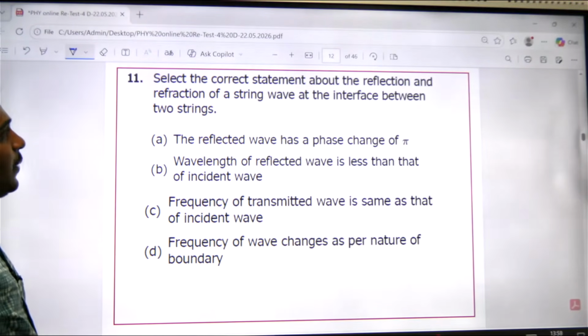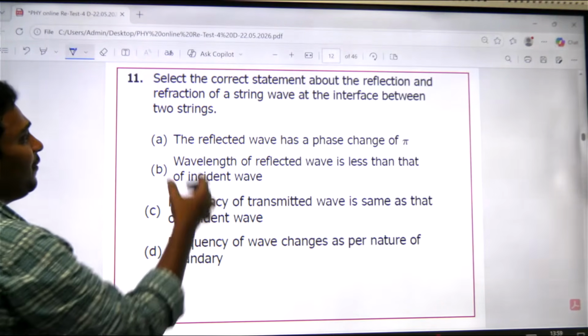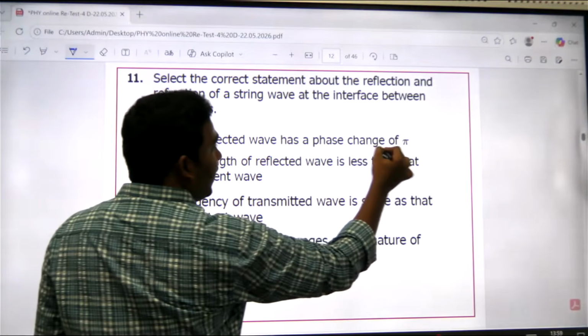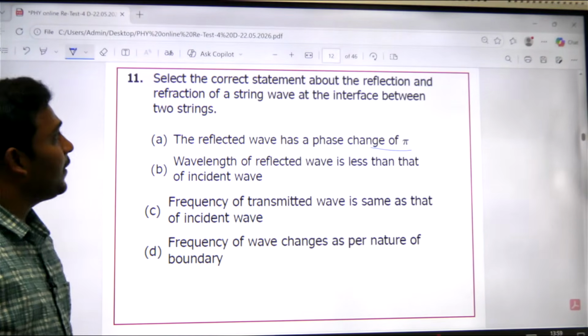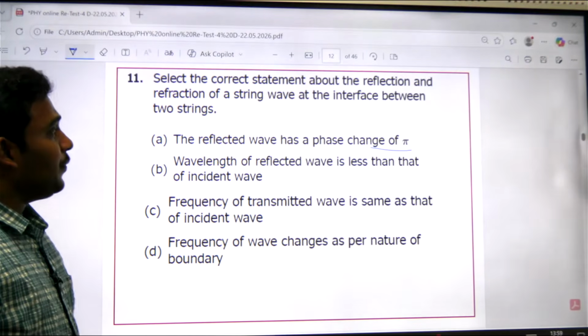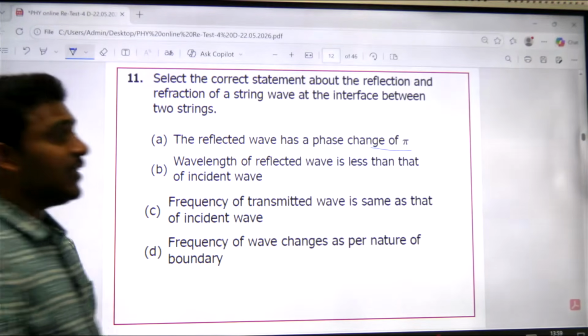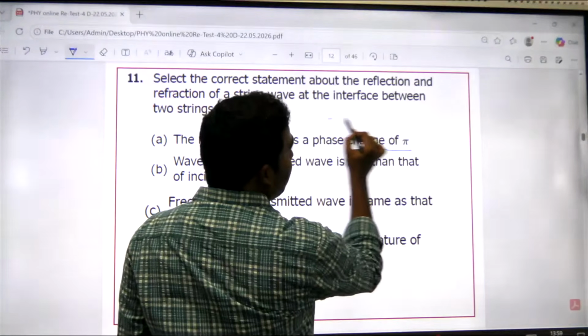Going for the next problem, question number 11. Select the correct statement about the reflection and refraction of the string wave at the interface between the two strings. The reflected wave has a phase difference of 90. When does the reflected wave have a phase difference of pi? When the second string is denser.